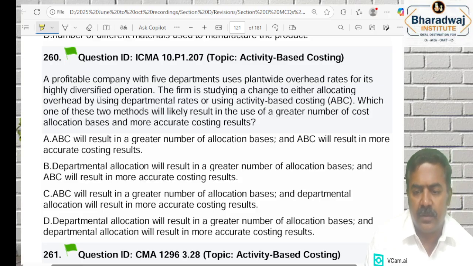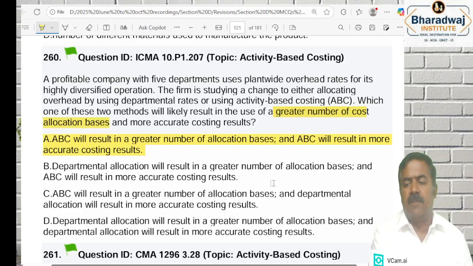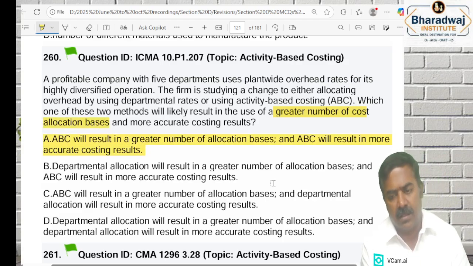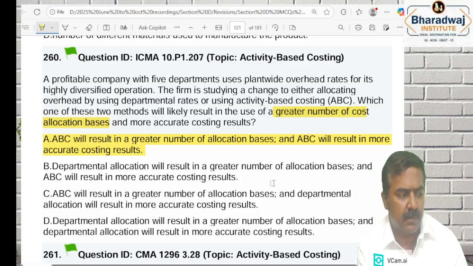Which one will have a greater cost allocation base? ABC will have what? More accurate cost allocation basis. It will be good for your results.